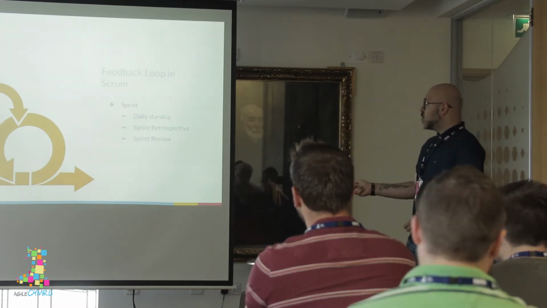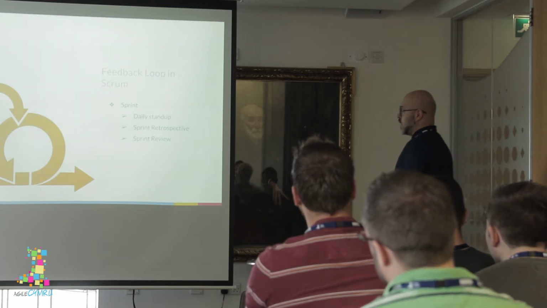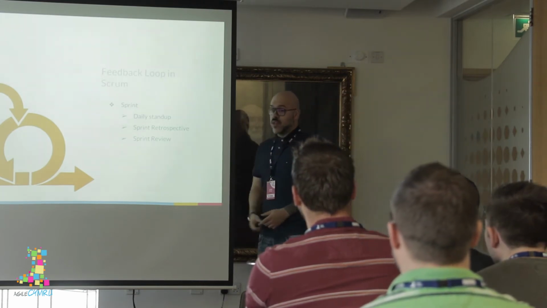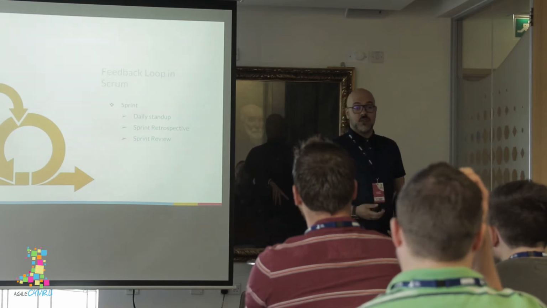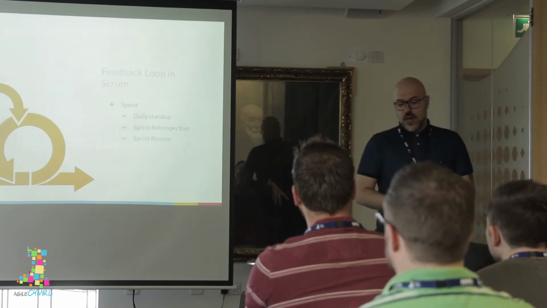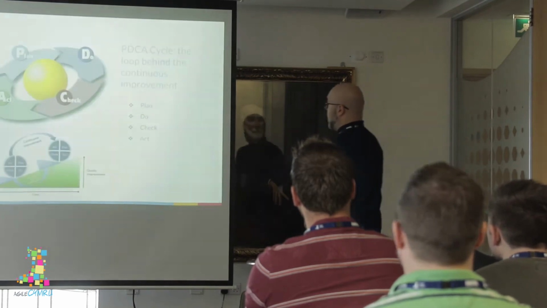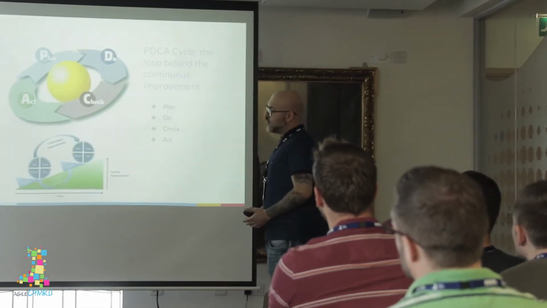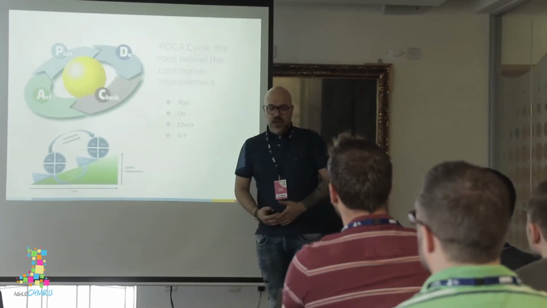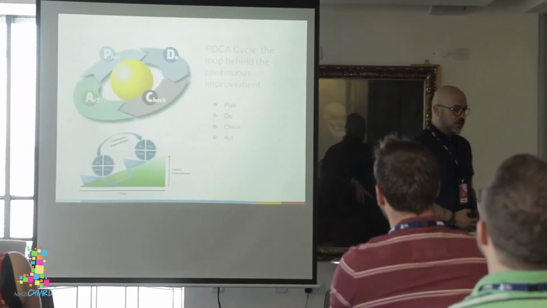Then we have the sprint review, which is another type of loop that we have in Scrum, usually with the customer, where they are trying to give the business perspective to the team and try to understand how it works. Usually when we think about feedback loops, we also have to talk about the PDCA cycle.